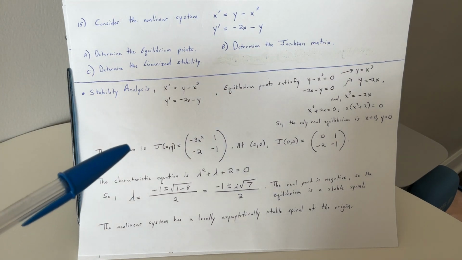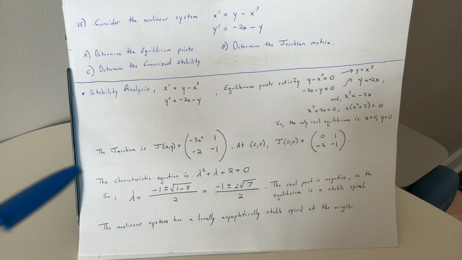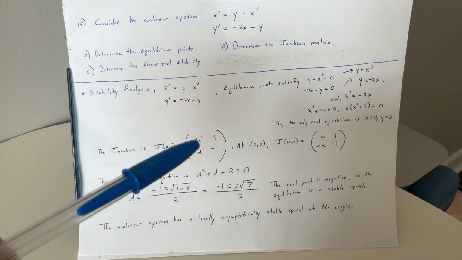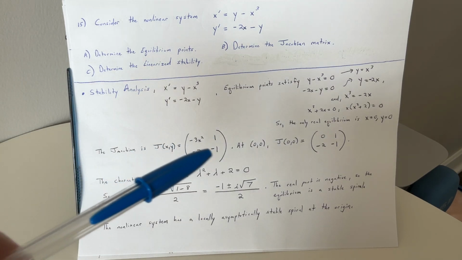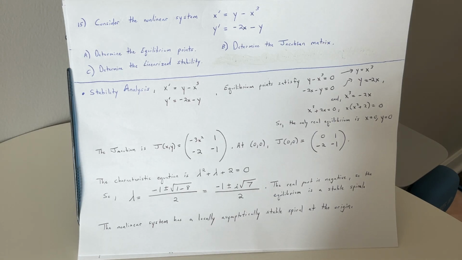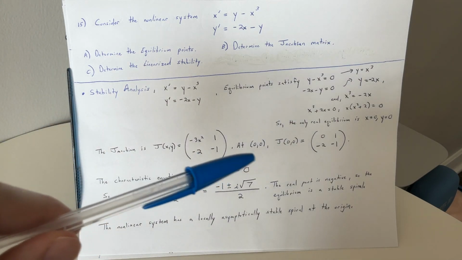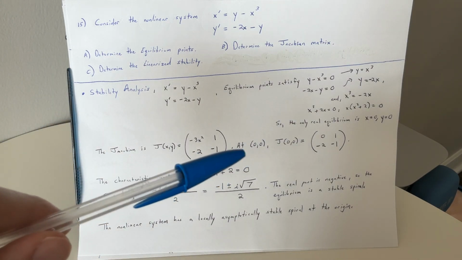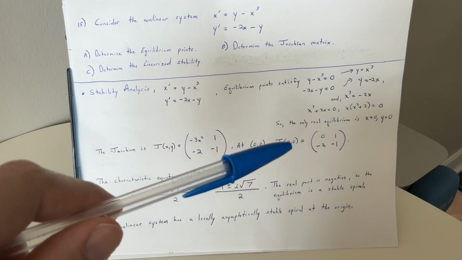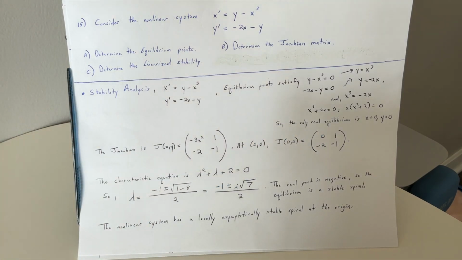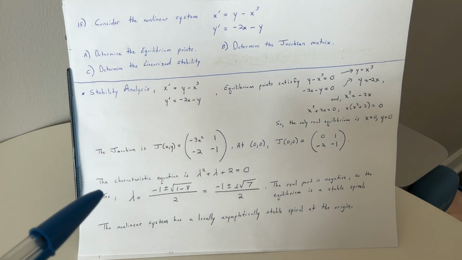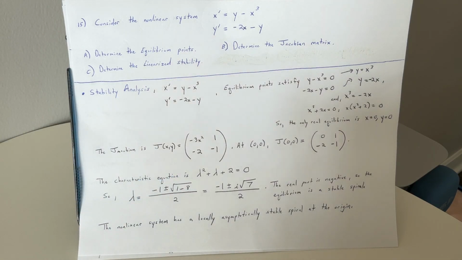So the Jacobian J of x, y equals this matrix, negative 3x squared, 1 first row, negative 2, negative 1 second row. At 0, 0, J of 0, 0 equals first row 0, 1, second row negative 2, negative 1. The characteristic equation is lambda squared plus lambda plus 2 equals 0.